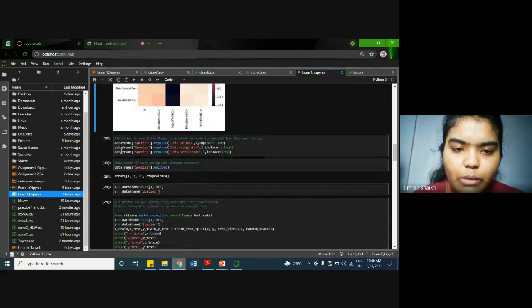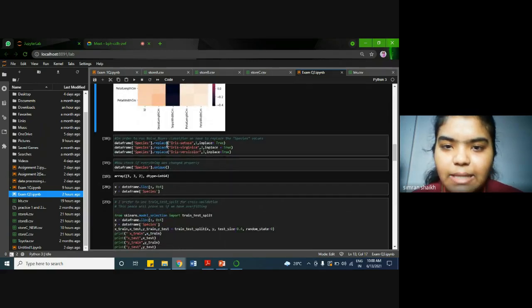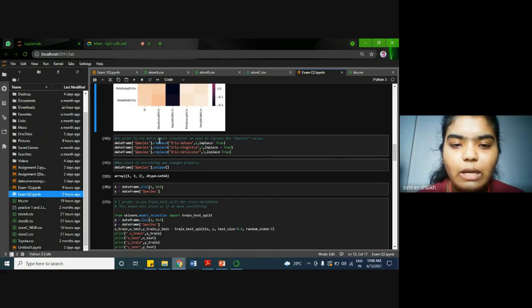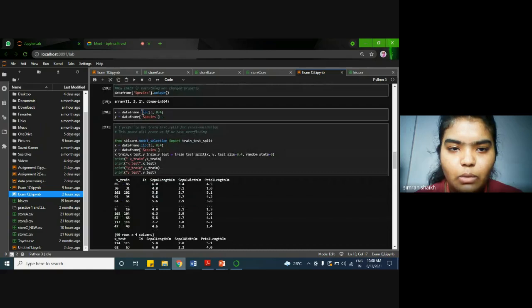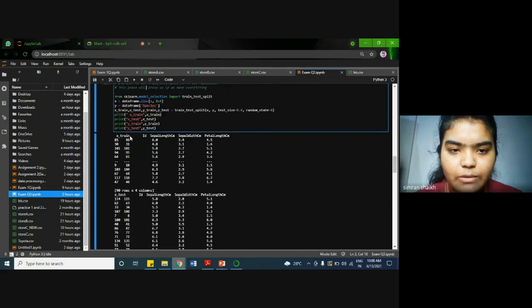Now here we are replacing the species. As I told you, we are going to deal with the species, so we are replacing setosa, versicolor and virginica with 1, 2, 3. All right, and here we are going to plot them. Here, as you can see, X train we have used.